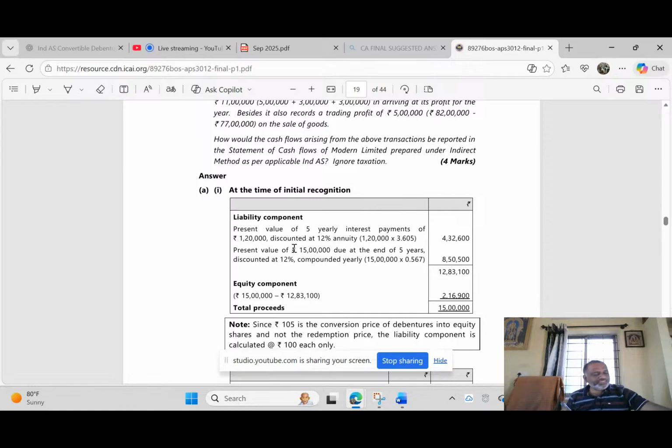Why 0.567? The 12% factor at the fifth year will be 0.567 only.